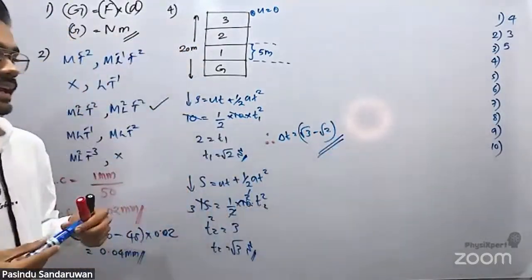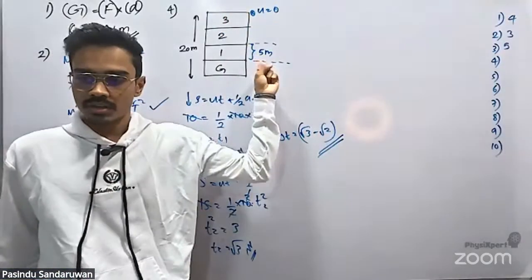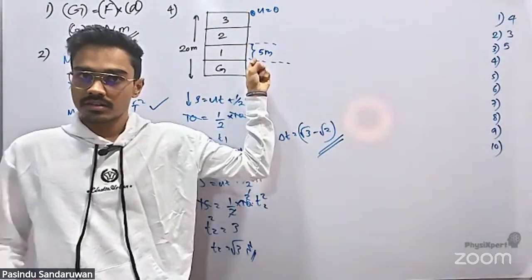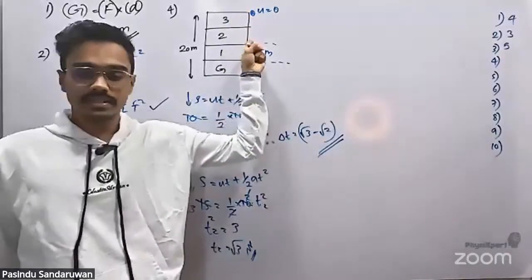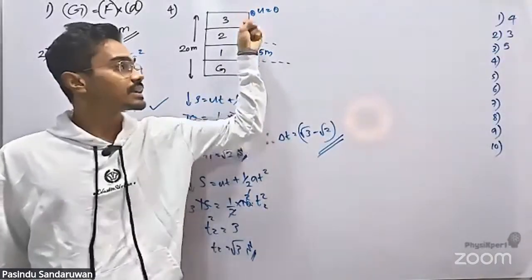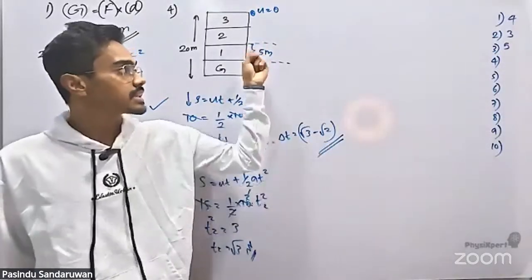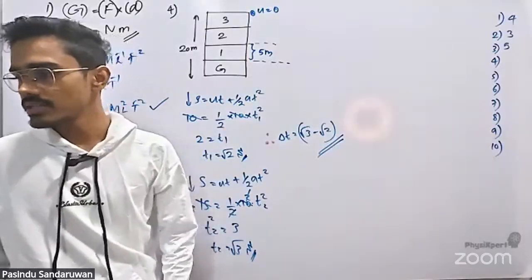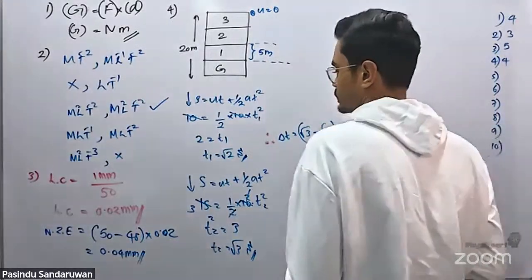Because it takes root 3 seconds to reach this point, which means to completely pass first floor, and until it starts passing first floor, until it completes first 2 floors, it takes only root 2 seconds. Then the time taken in between means root 3 minus root 2. Answer 4 for question 4.